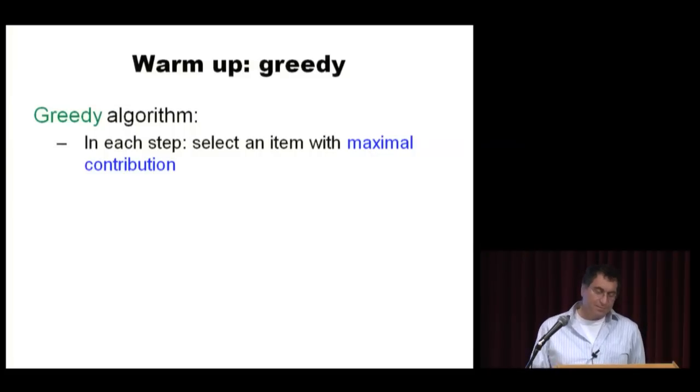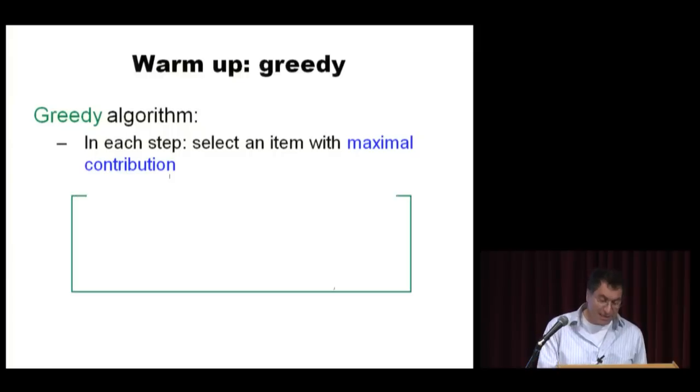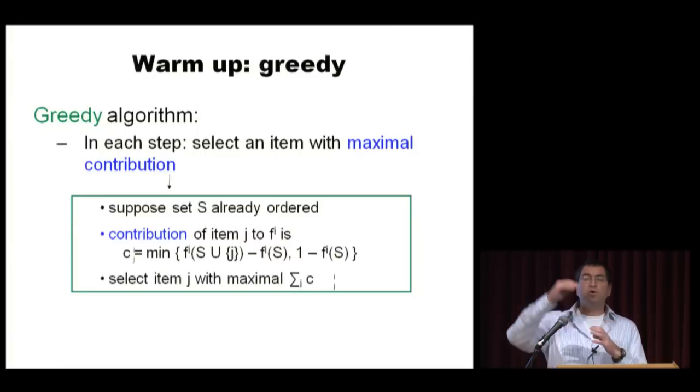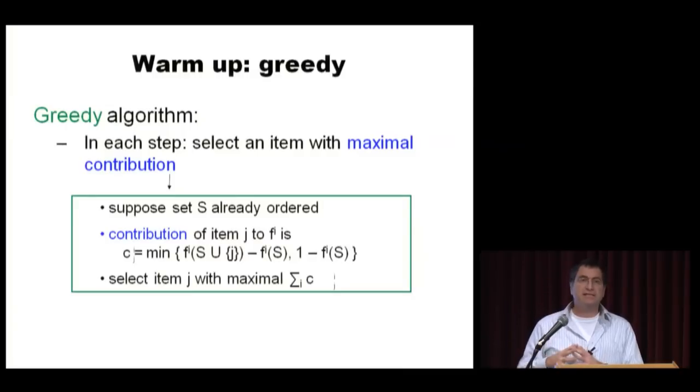So one obvious algorithm is that you want at each time to choose an element, to choose a column such that it will maximize your contribution to the problem. What does it mean? Suppose that you already decided on the first S pages in the search. You already selected a certain number of pages, a certain number of elements. Now you want to evaluate the contribution of an additional element.